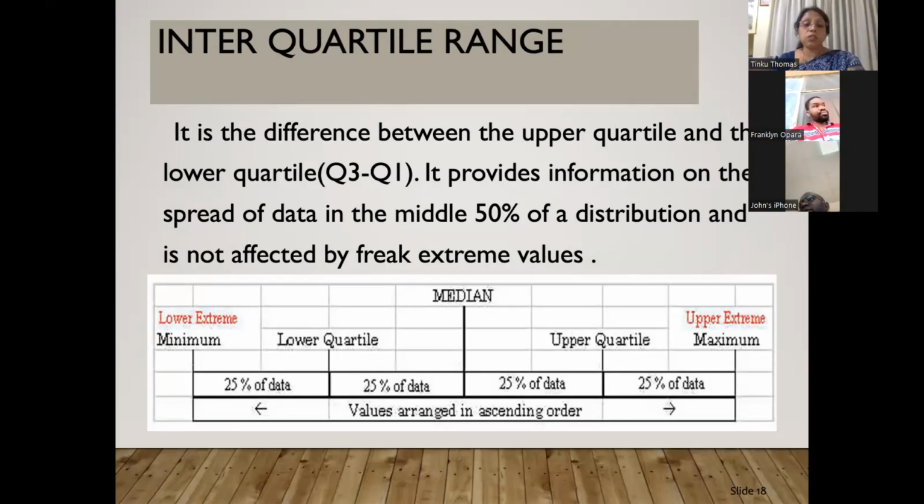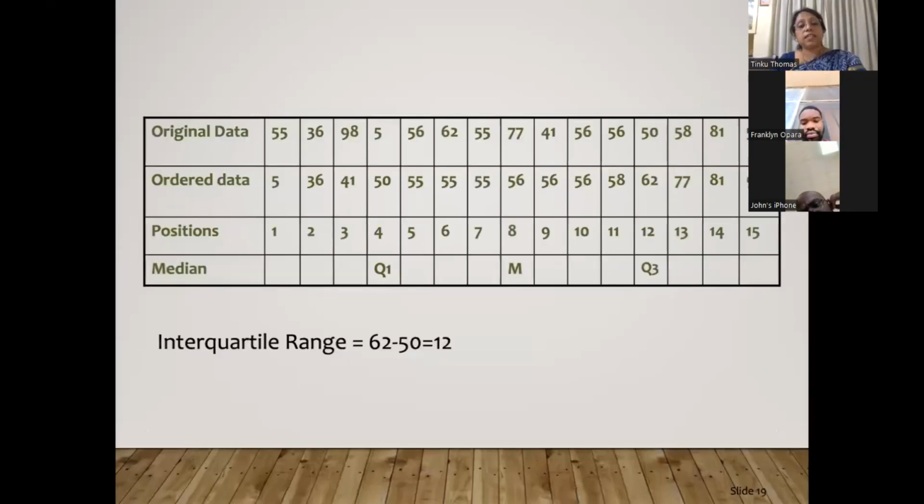So we need to split the data into 4 equal parts and take the range of the middle 50%. That is the value that is the lower quartile and the upper quartile. The difference between the upper and the lower quartile gives you an understanding of what is the range of the middle 50% of the data. And that is essentially your interquartile range. Note that the second quartile of a data is nothing but the median.